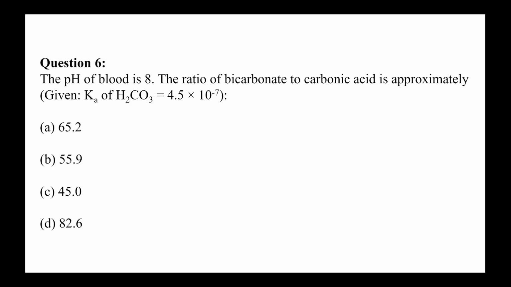Question number 6. pH of blood is 8. The ratio of bicarbonate to carbonic acid is approximately. So blood pH is given, that is 8. We have to calculate the ratio of bicarbonate to carbonic acid. So basically you have to calculate the salt concentration divided by acid concentration.